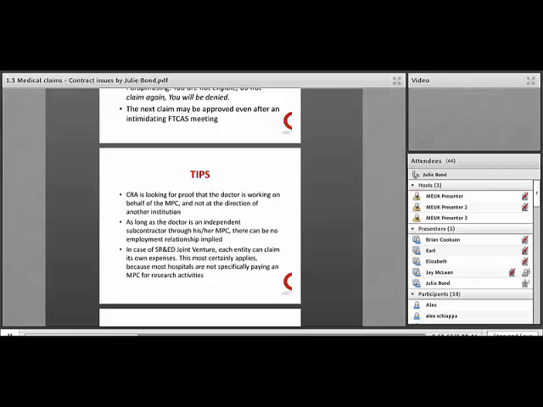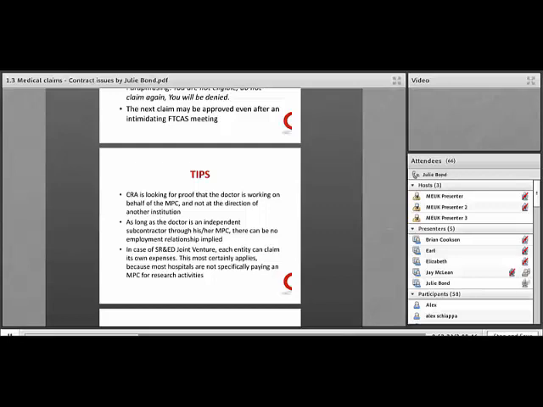So if you're in this situation, you should really remind or point out to CRA that, yes, the contract does say independent subcontractor, and many of them actually do. Many of the contracts specifically say, and is not an employee. So I think that's very important to show to CRA that there's no employment relationship, and then the corporation has the right to employ its doctor, and then it has incurred the expense.